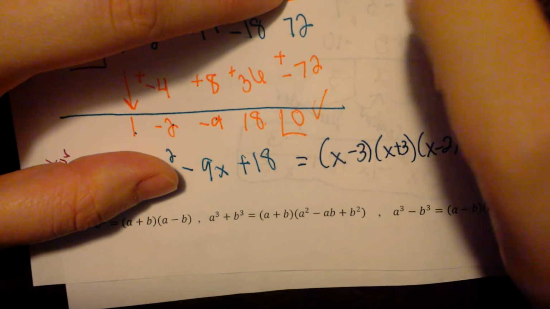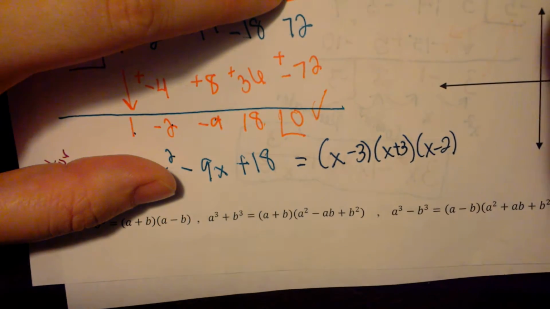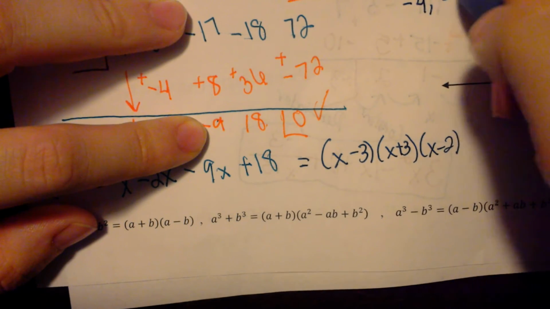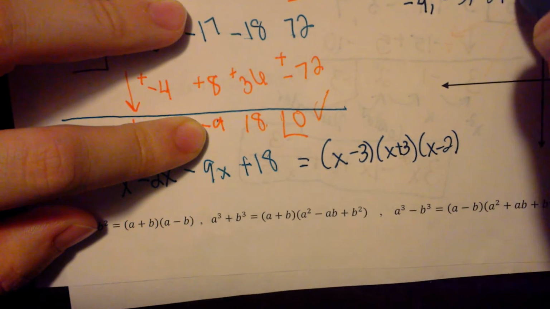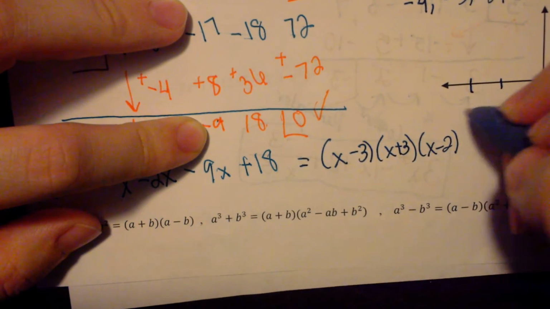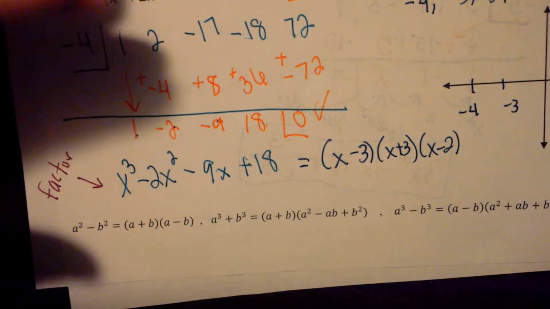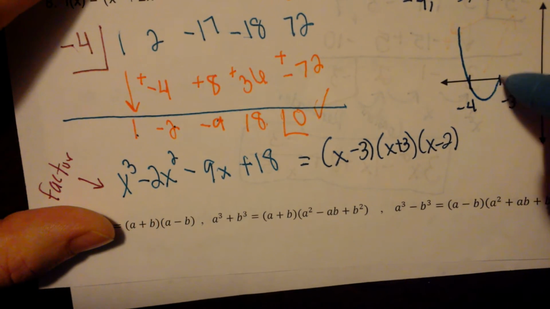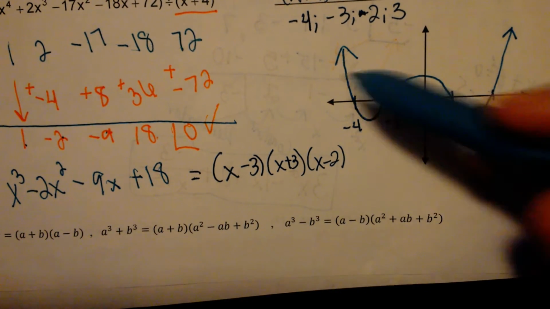And so all my factors: x plus 4, x plus 3, x minus 3, x minus 2. So negative 4, negative 3, negative 2, positive 2, positive 3. And if you put this in the calculator, you would see that it starts above, crosses, crosses, crosses, crosses. Something like that. Little W shape to it.